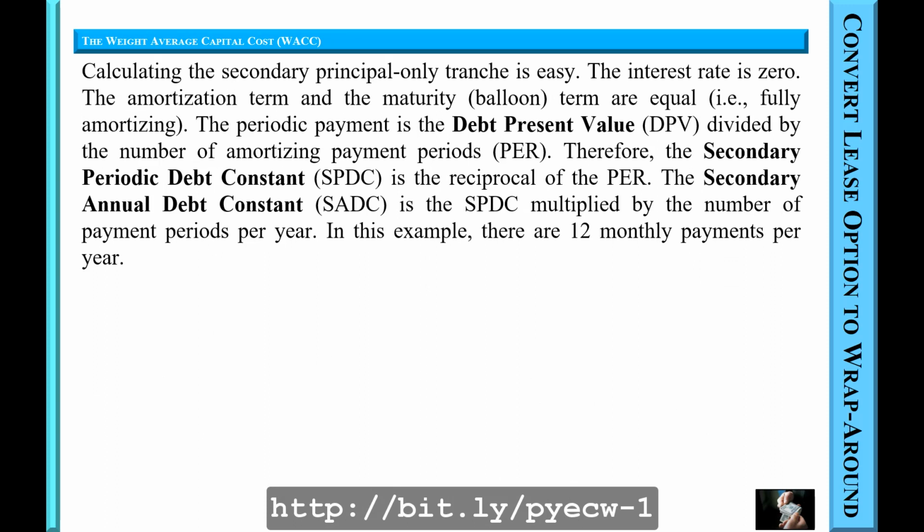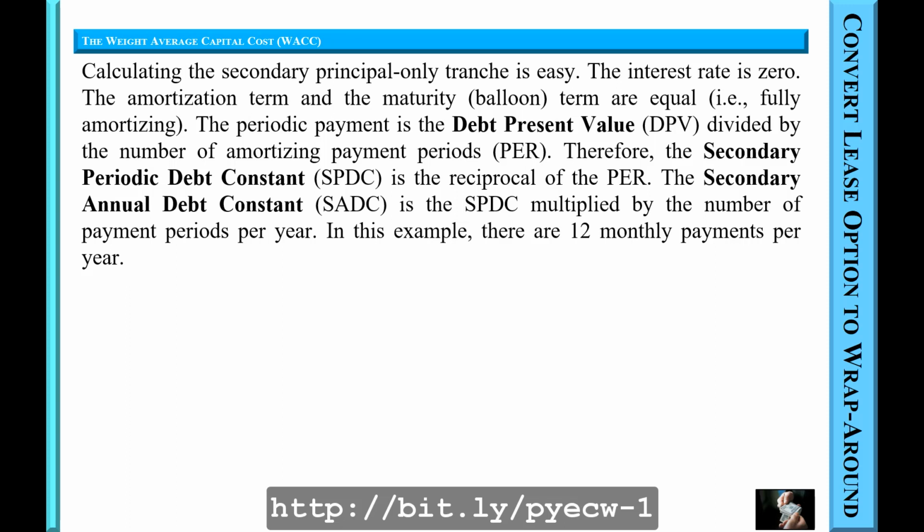Calculating the secondary principal-only tranche is easy. The interest rate is 0. The amortization term and the maturity, the balloon term, are equal, that is, fully amortizing. The periodic payment is the debt present value divided by the number of amortizing payment periods.